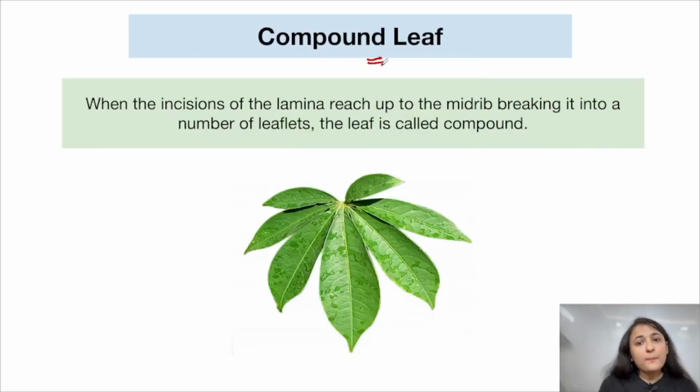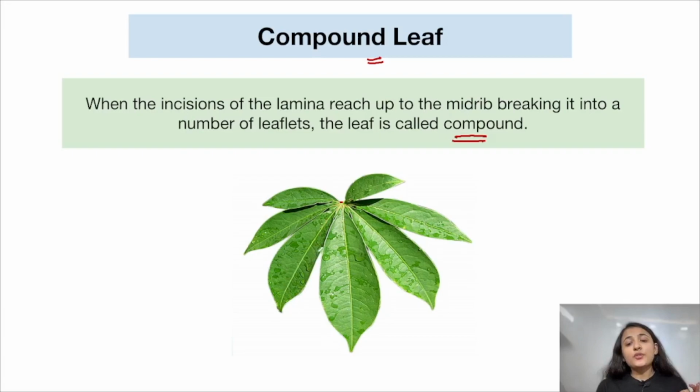Now consider the compound leaf. When incisions of the lamina reach up to the midrib, breaking the big leaf which was entire into a number of small leaflets, then the leaf is known as a compound leaf. So when do we call a leaf compound? When the incisions have touched the midrib.